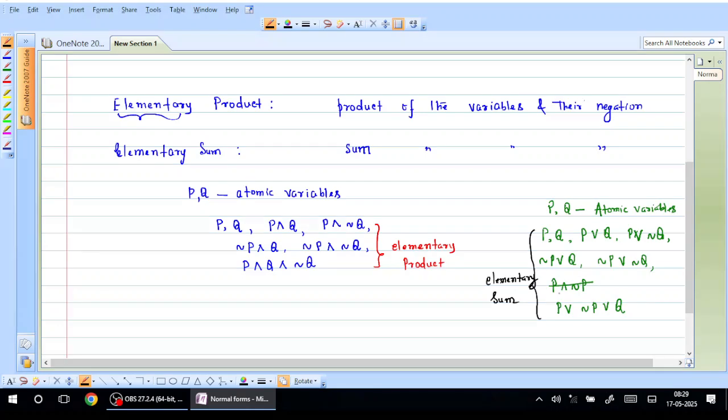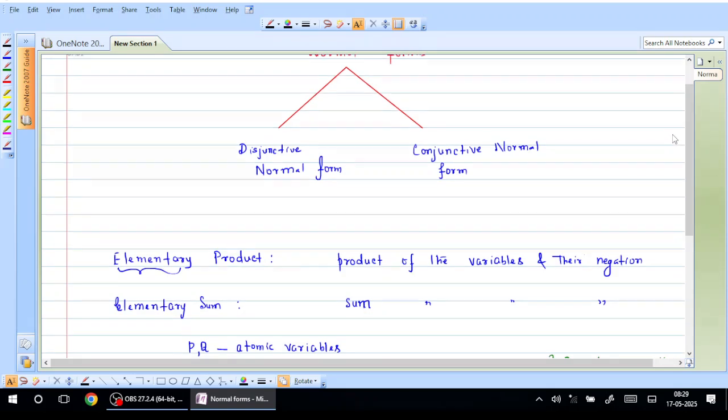Once I know what we mean by elementary product and elementary sum, I can go for the first question: what is disjunctive normal form and what is conjunctive normal form? First of all, I will go for the disjunctive normal form.